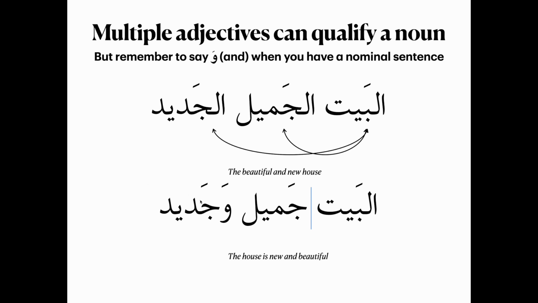Oh, I've actually flipped up the words here, but al jamil is beautiful, and wa jadid is and new. So have that in mind. Even if you have multiple adjectives, you have to pay attention to the agreements here. Agreement is probably going to be a big thing when covering the homework that we're going to do a little bit later.